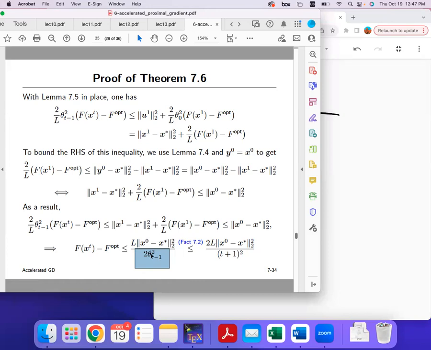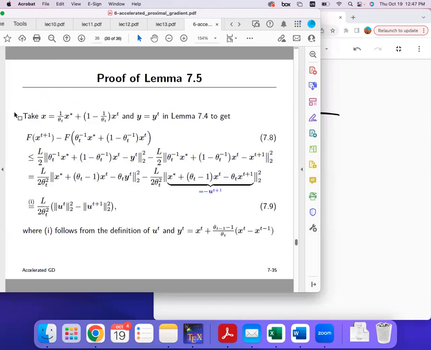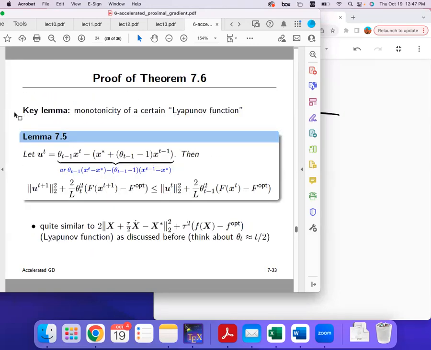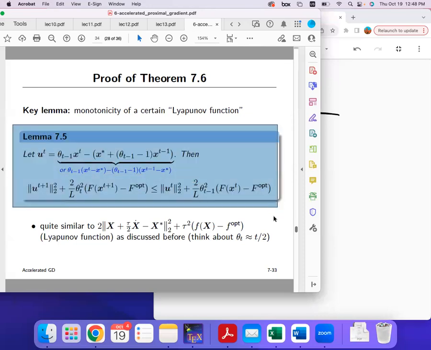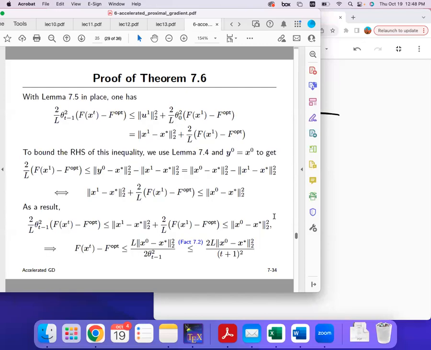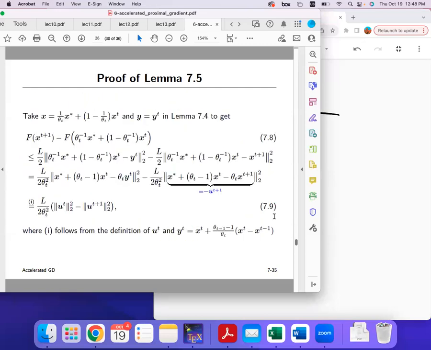And then in the end, this theta t in the denominator can be simply bounded by t plus 1. So the key question is how do we prove this lemma 7.5? So let's take a look at the proof of this lemma.